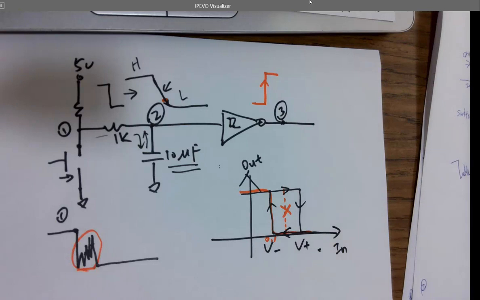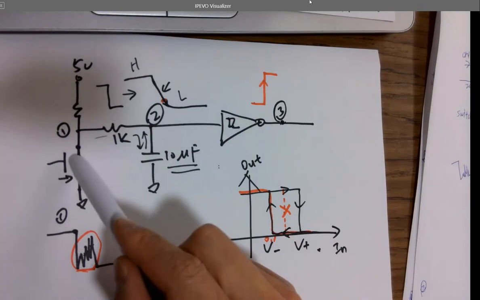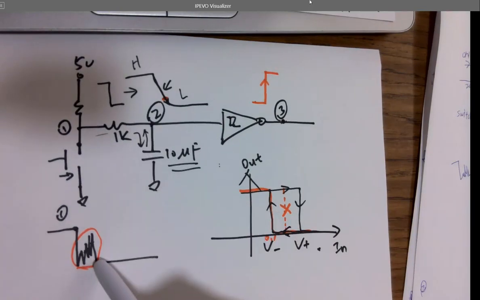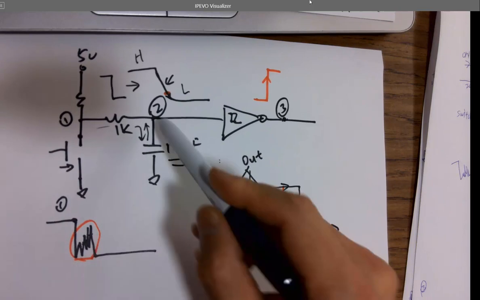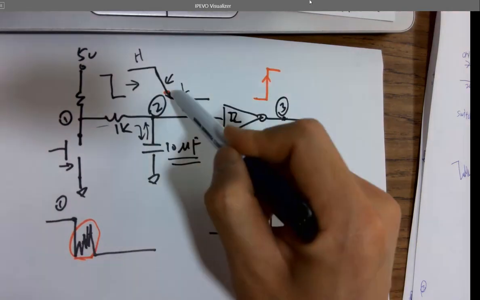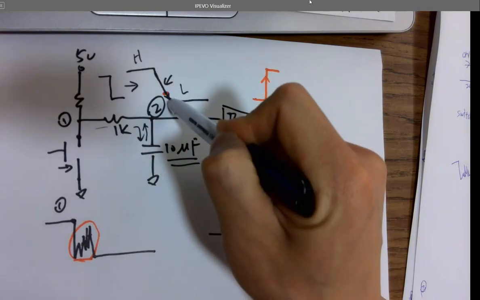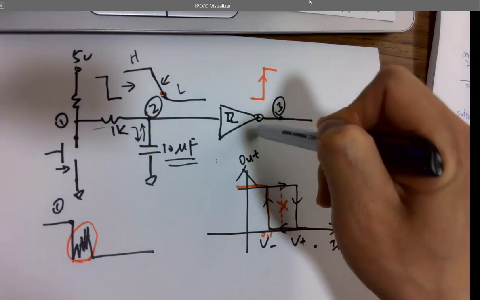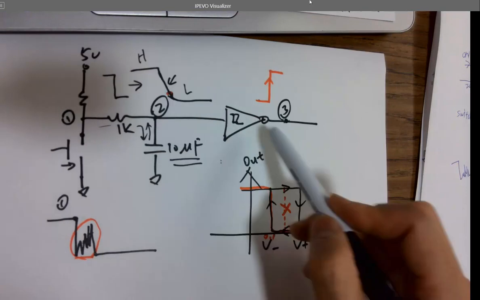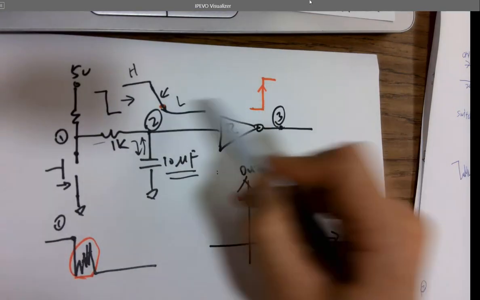First, what's the goal of this circuit? To debounce the push button, right? So you push it, you get a noisy zero here, and then you filter that out, you get a slower falling edge, and now we want to get rid of the slow falling edge. So we use this Schmidt trigger. And why will this one give you a sharper rising edge here?